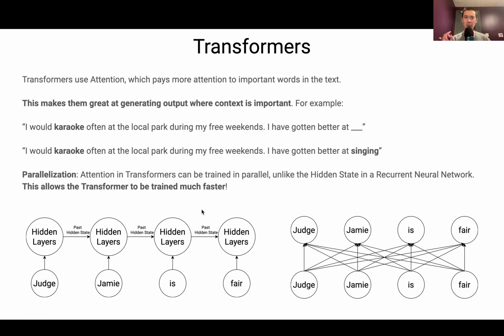That's not very efficient. Whereas with attention, we can calculate attention all in parallel, or all simultaneously, rather than being forced to first calculate past hidden state 1, then past hidden state 2, before we can finally calculate past hidden state 3.